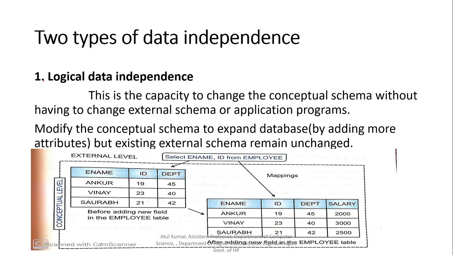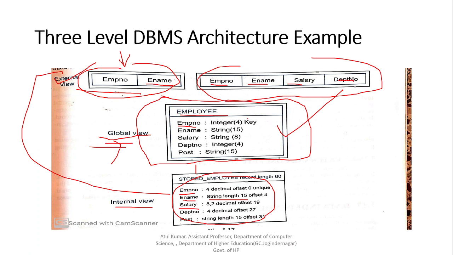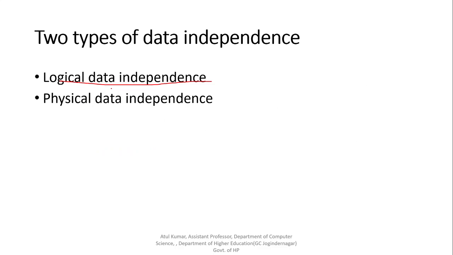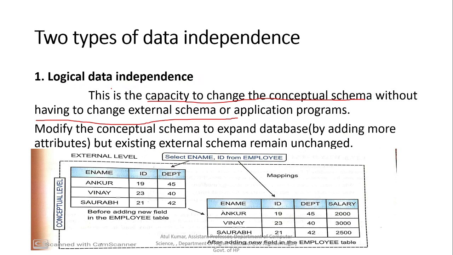In case of logical data independence, it is the capacity to change the conceptual schema without having to change the external schema or external level. So in this case we will change the conceptual view without changing the external view, and this kind of independence is called logical data independence.